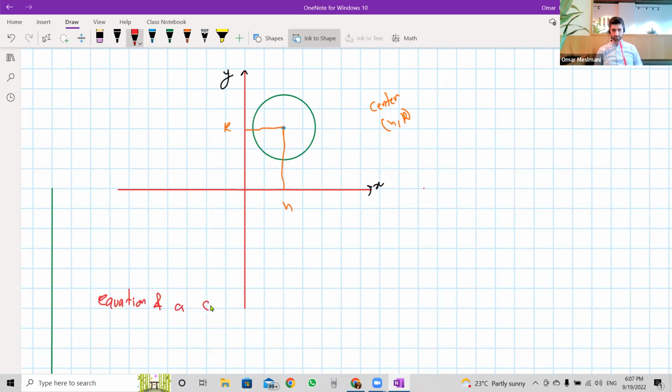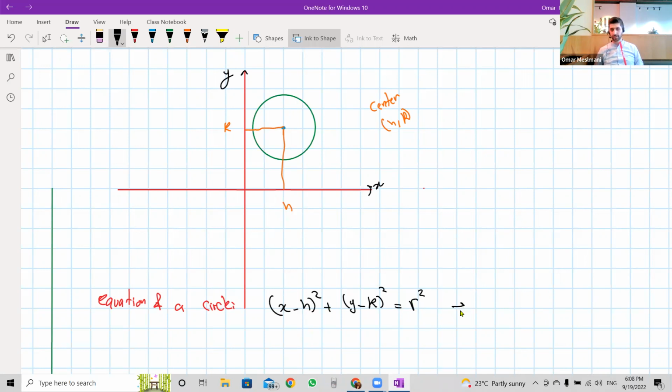Anyone knows? Is it x minus h squared plus y minus k squared equals r squared? Nice, it's correct. So (x minus h) squared plus (y minus k) squared equals r squared.